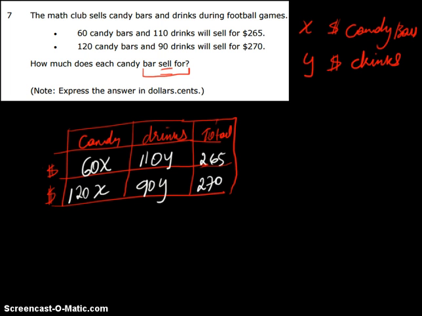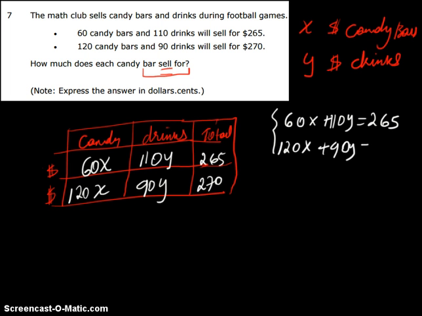So we can write our system of linear equations as 60x plus 110y equals 265, and we have 120x plus 90y equals 270. Now we can apply the elimination technique, and it seems like X would be easier to manipulate.